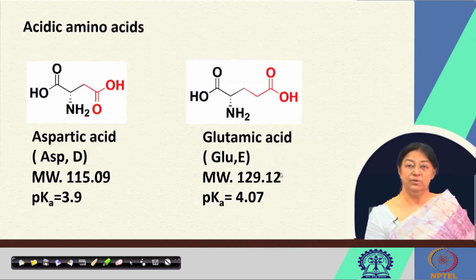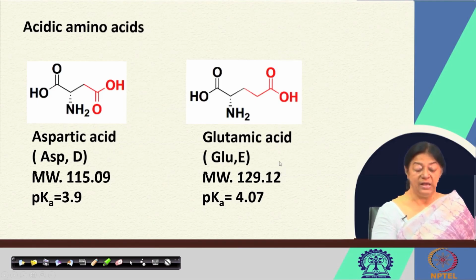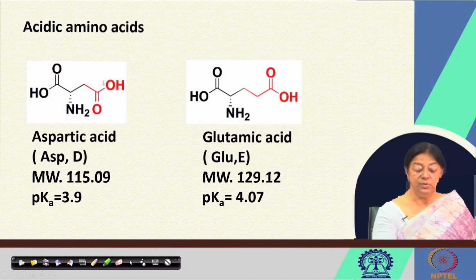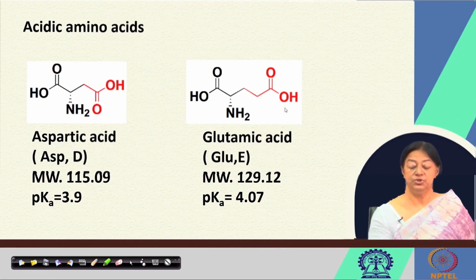The acidic amino acids, the acid forms of the amides that were just shown, are aspartic acid and glutamic acid. What do we see here? We see C double bond OH, C double bond OH.